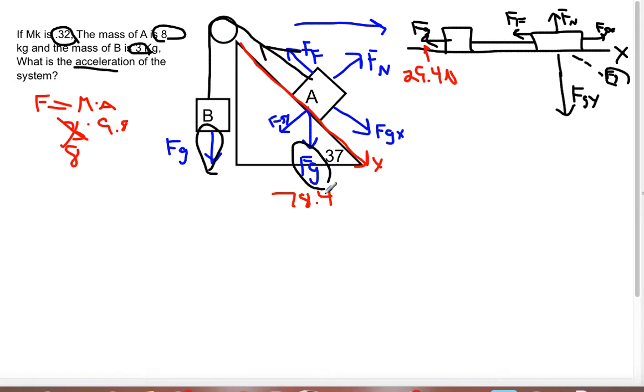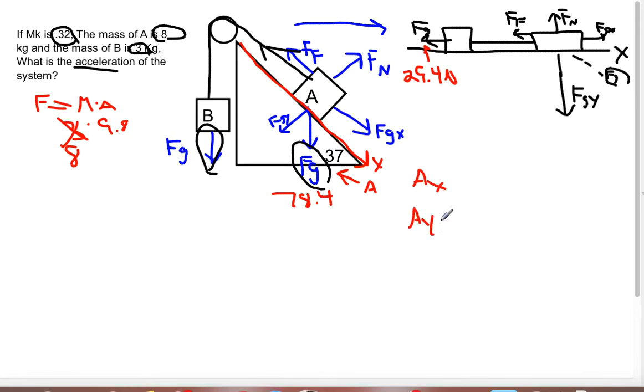Now, the next thing we need to do is use two of our equations to split our F of G, which we're going to call our A, into two components. We're going to call those A of x and A of y.